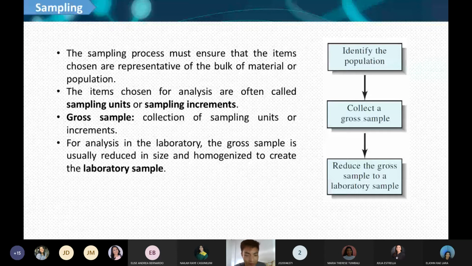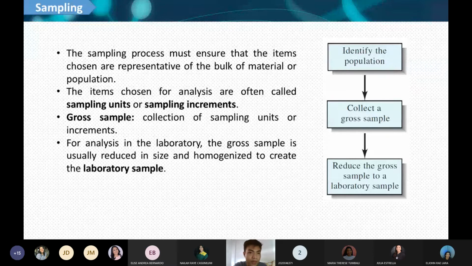So in chemistry, we do something similar. Your population is your sample. Let's say my population is the Pasig River. I will not analyze the entire Pasig River, so I will just get a few amounts of it. I will collect my gross sample, that's 1 liter of water, and then reduce that to what's workable in the laboratory.